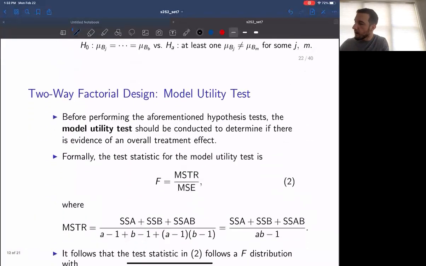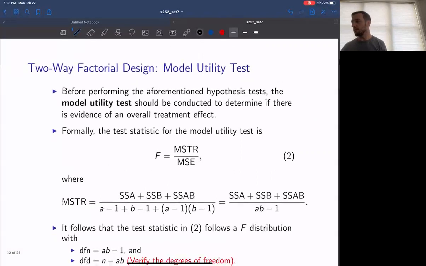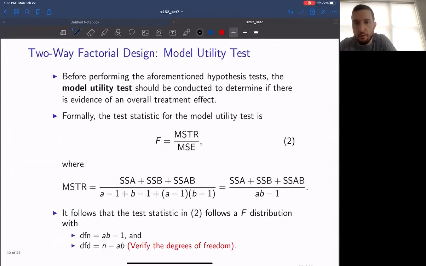Now, there's one other test that we can construct from a two-way ANOVA analysis, and that is what is called the model utility test. The model utility test you can think of as a general test of the entire system. So we use the model utility test to determine if there is evidence of a difference in means across the factor levels and the interaction effects kind of in one shot.